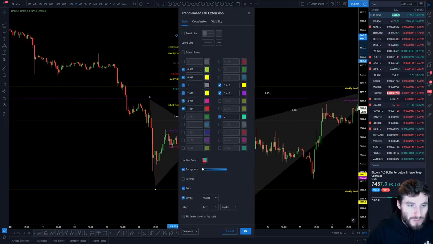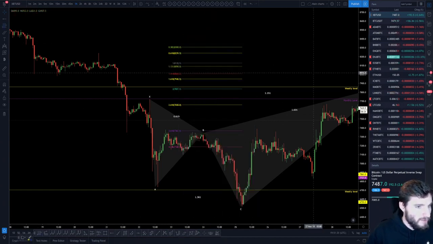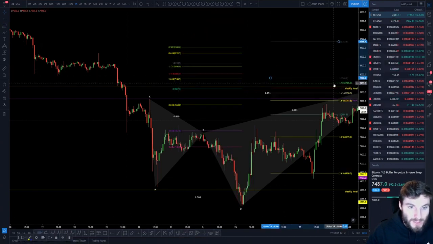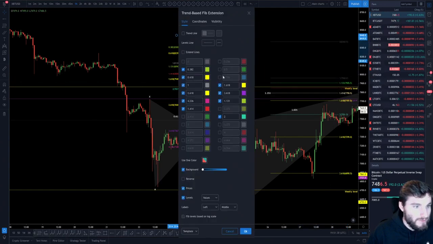These are the levels that I use if you want to use the same levels as me. I will also use, which I haven't got highlighted here, sometimes the 1.13, 1.131, I can't remember now, 1.133. It's the same as on the expansion, 1.133.